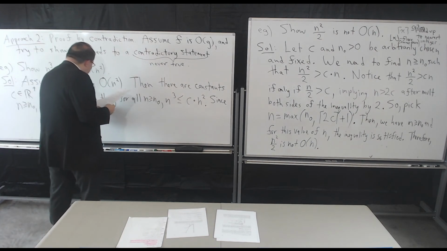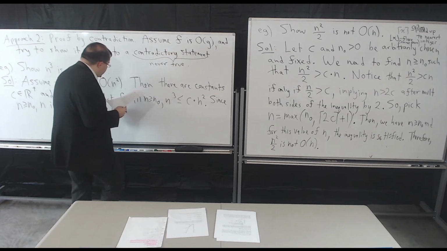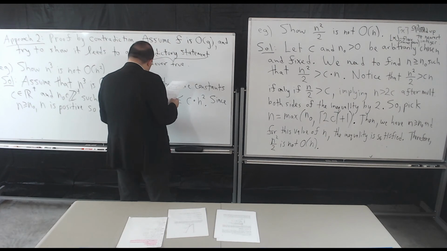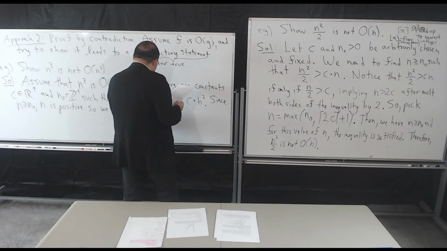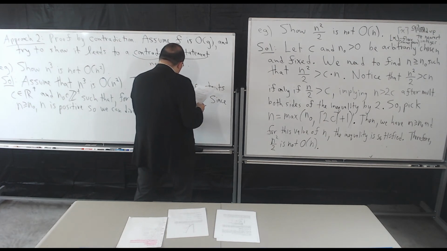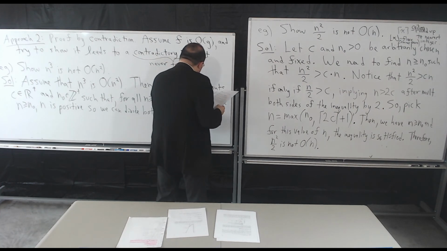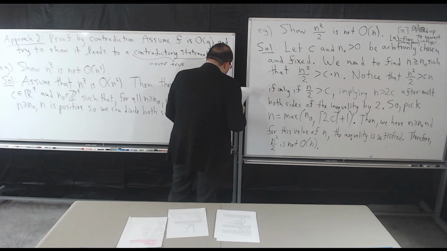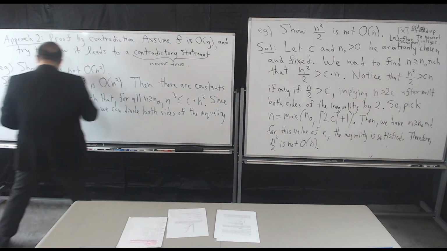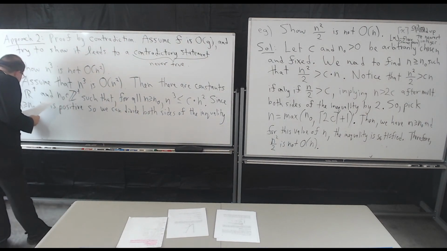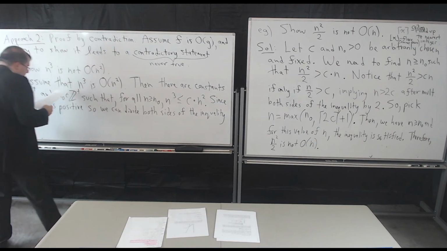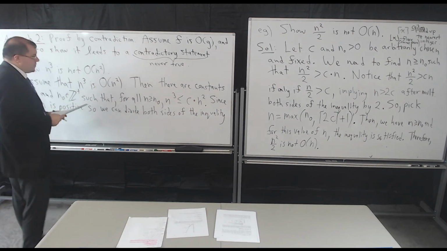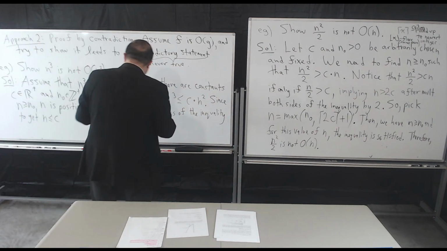So we can divide both sides of the inequality to get n is less than or equal to c. Right? I've just divided both sides by n squared.